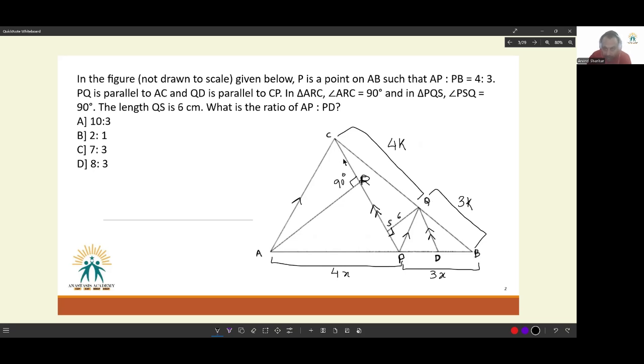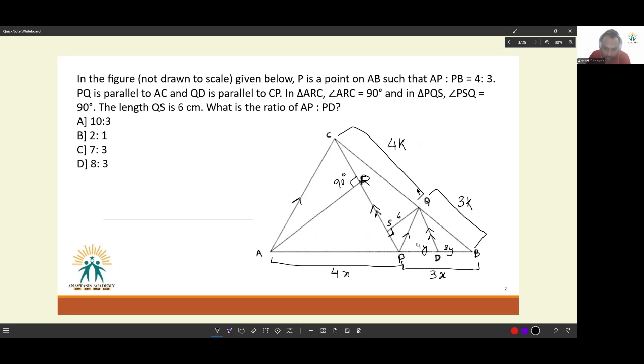Now look at triangle BCP. QD is parallel to the base CP. For triangle BCP, this gives us the information that DB will be 3y and PD will be 4y.